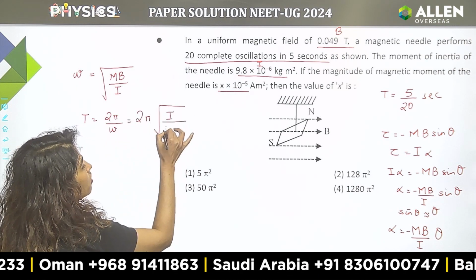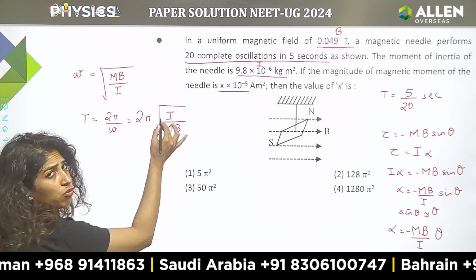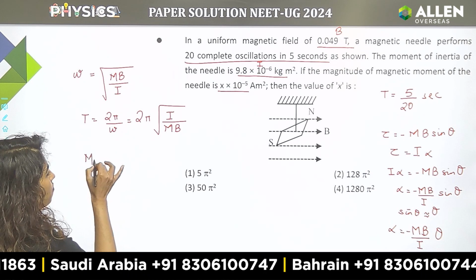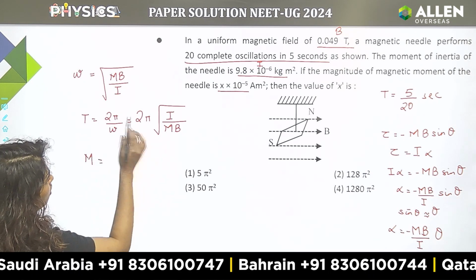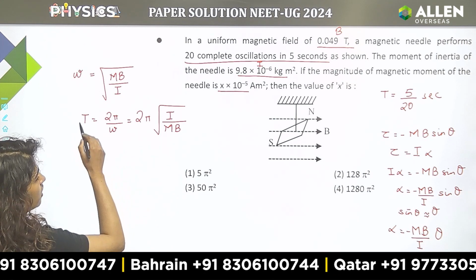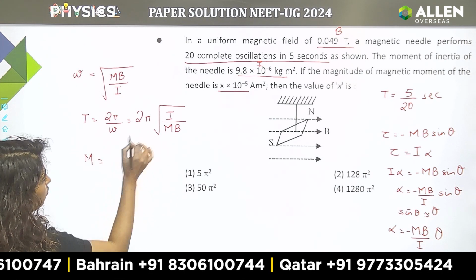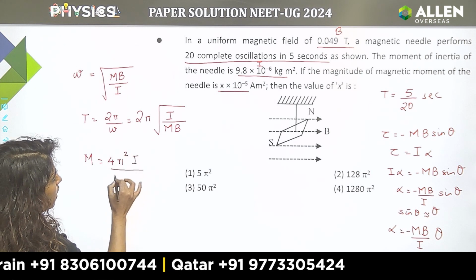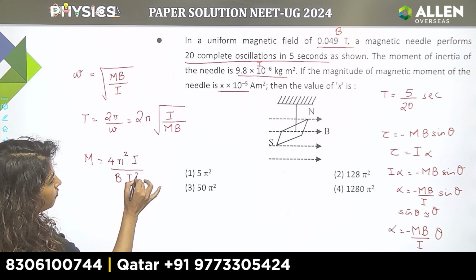Once we have got this formula, or if you directly know this formula, you can square it to get the formula for m. When you square it, what can you write? M, squaring it, T square, I'm going to write this as 4 pi square I by B T square.